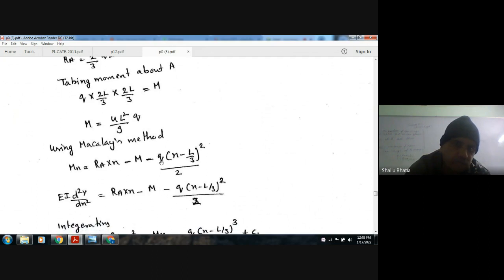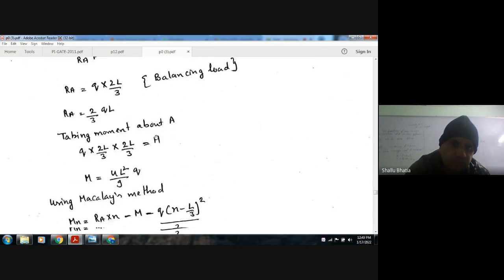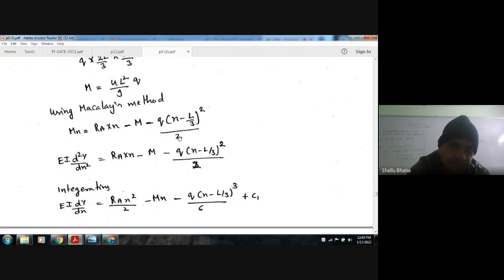Now using Macaulay's method, taking distance x, the moment will be R into x minus M minus Q into (x minus L by 3) square by 2. Putting M x equal to EI d square y by dx square, integrating gives EI dy by dx equal to R x square by 2 minus M x minus Q (x minus L by 3) cube by 6 plus C1.